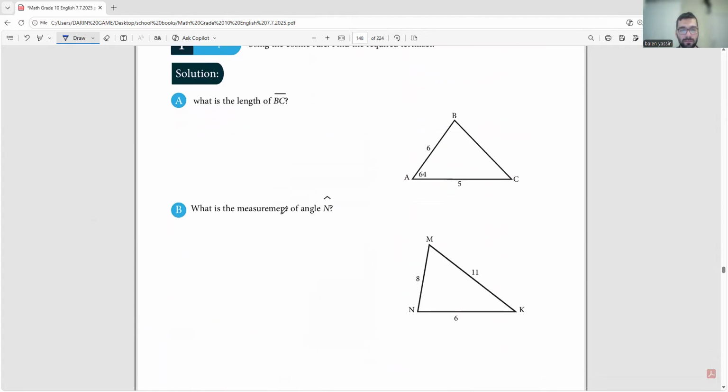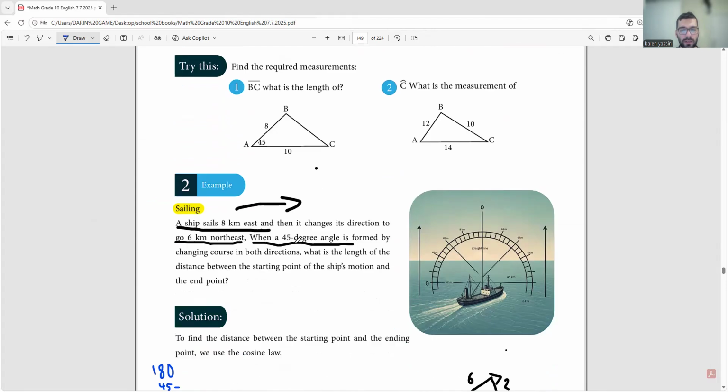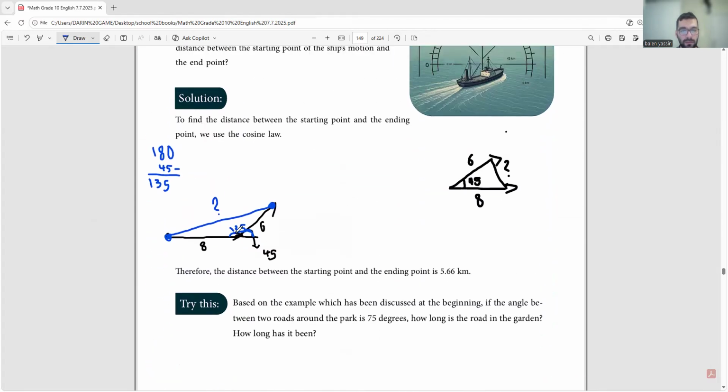Here, the angle C capital is 135. You can say A is 6, B is 8, right? And this unknown part is simply the small c, the third side length.